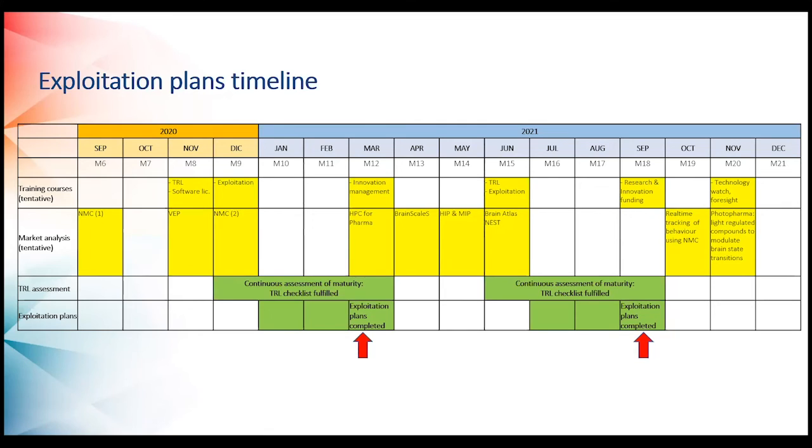So I think that 3 months is the right time to fulfill the first exploitation plan, and 6 months later the second.